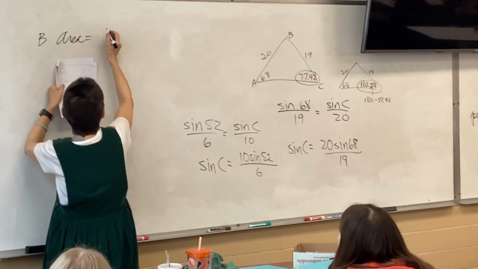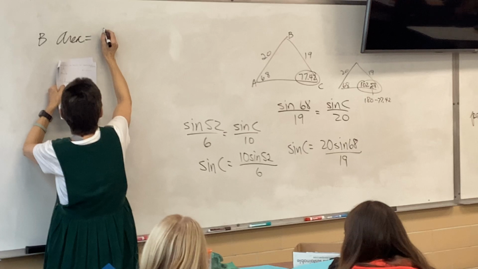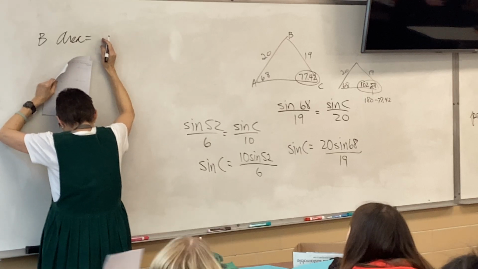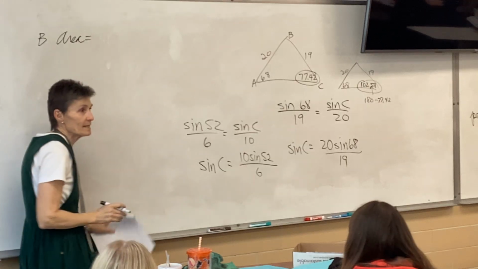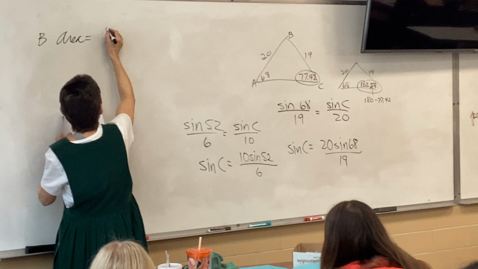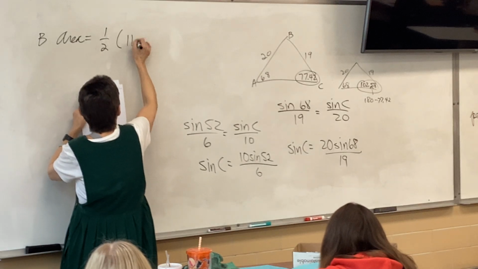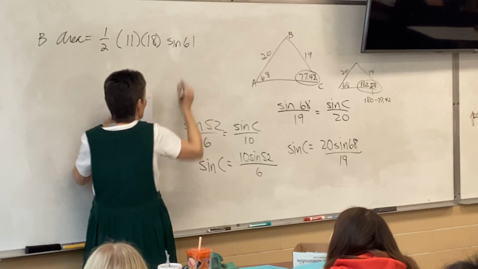This is problem B. Okay, this is the easy one. Area is 1/2, 11, 18, sine 61.